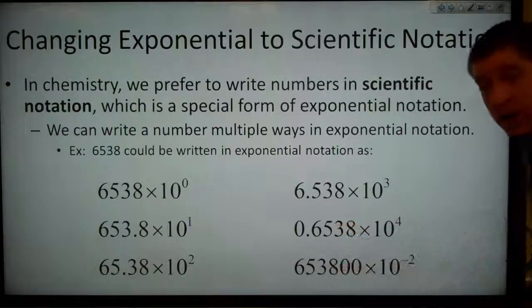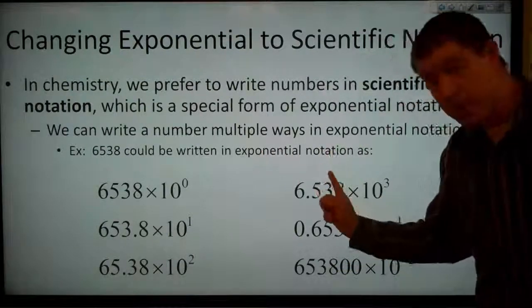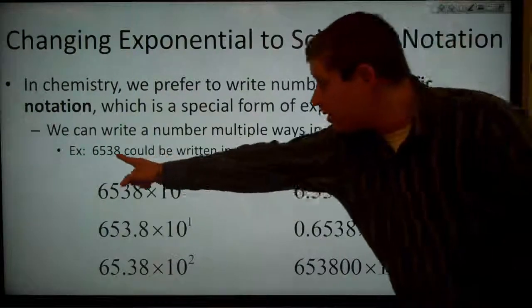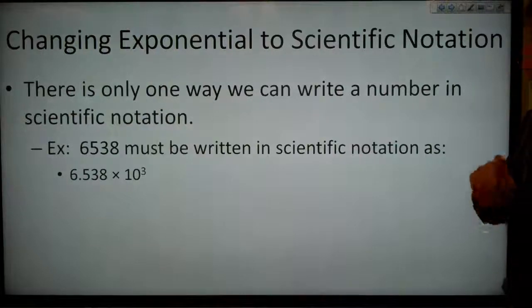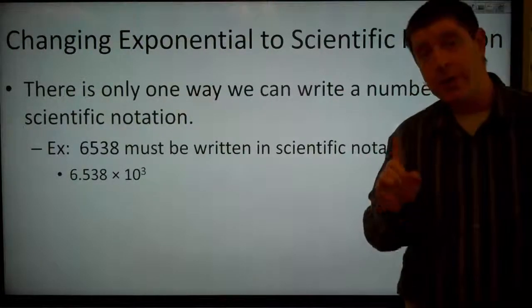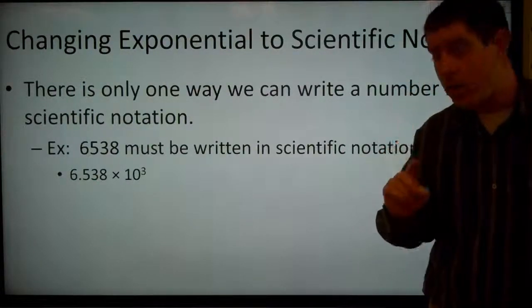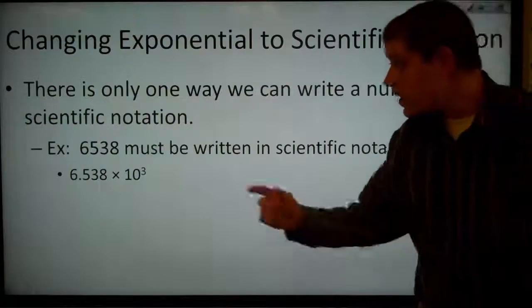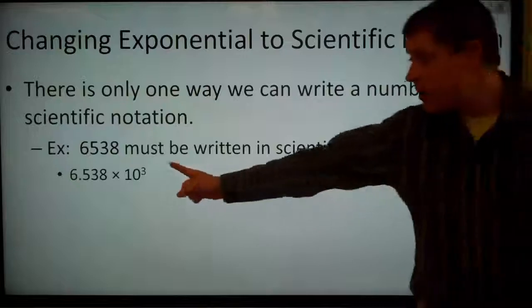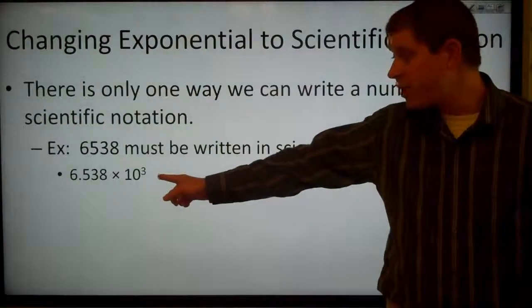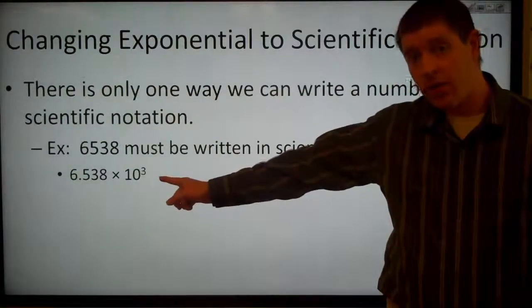And these are all valid ways in exponential notation of writing this number, 6,538. But in scientific notation, there is only one valid way of writing the number. 6,538 must be written this way, 6.538 times 10 to the 3.